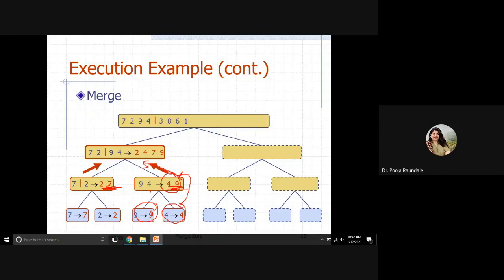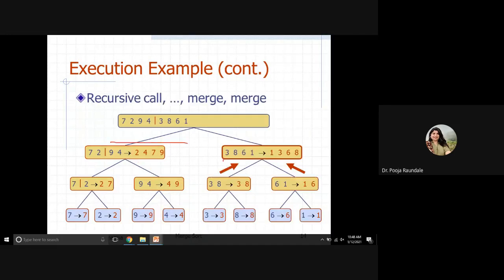So 2, 7 and 4, 9 will be now merged, and then it will be sent to the earlier call. So it becomes 2, 4, 7, 9. So this is how your S1 sub problem is solved. Now you have to solve the second sub problem also. Then you will go to the third step, that is the combining step.